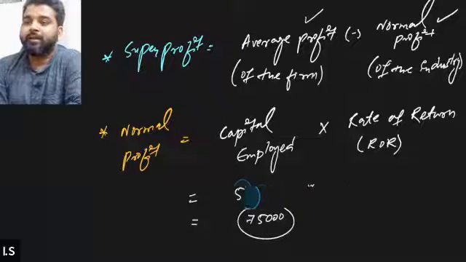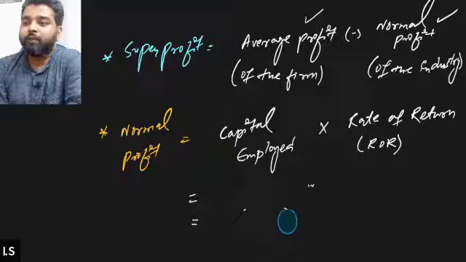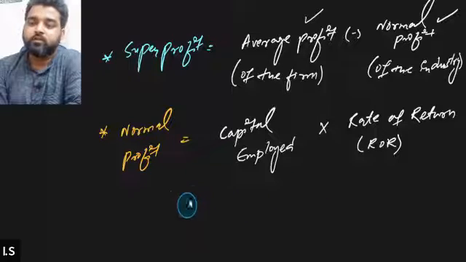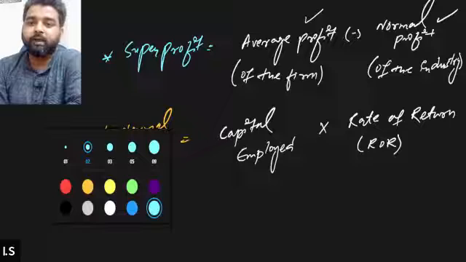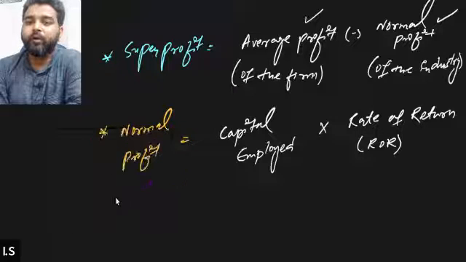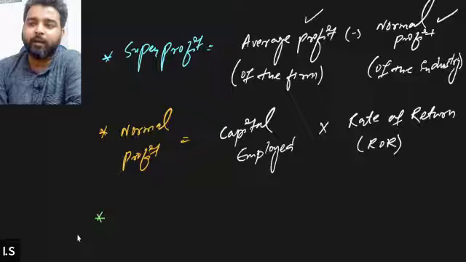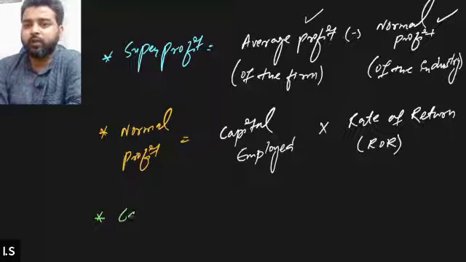Now, sometimes capital employed is also not given in the question. Mostly capital employed will be given, but sometimes even the capital employed is missing. There are many formulas to find the capital employed, but for the time being, just remember this formula.